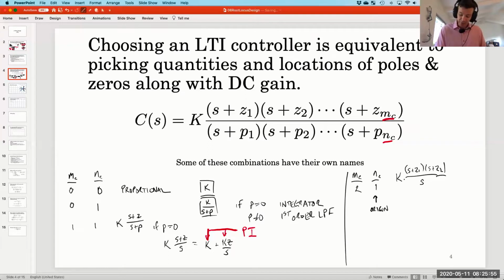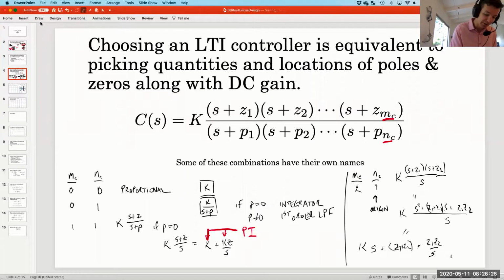And so if you FOIL out the numerator here, this equals k times s squared plus z1 plus z2 s plus z1 times z2, all over s. And so what I'd like you to see is that this equals k times s plus z1 plus z2 plus z1 times z2 over s.